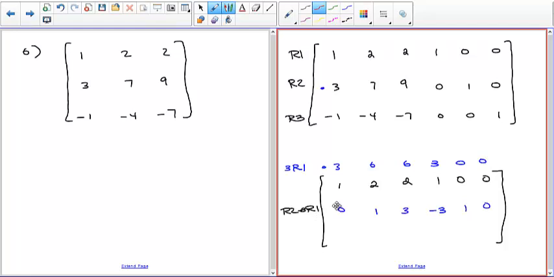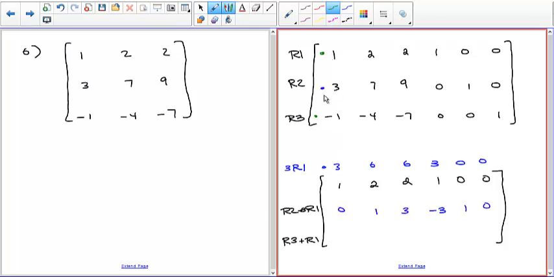Okay, next thing. We're going to replace row 3 by row 3 plus row 1. Because here I have negative 1. If I add row 1 to row 3, then I'm going to get 0 in this. So that's what I'm trying to do. So we're going to take row 1, add it to row 3. I don't need to multiply it out here because I've already got everything I need.